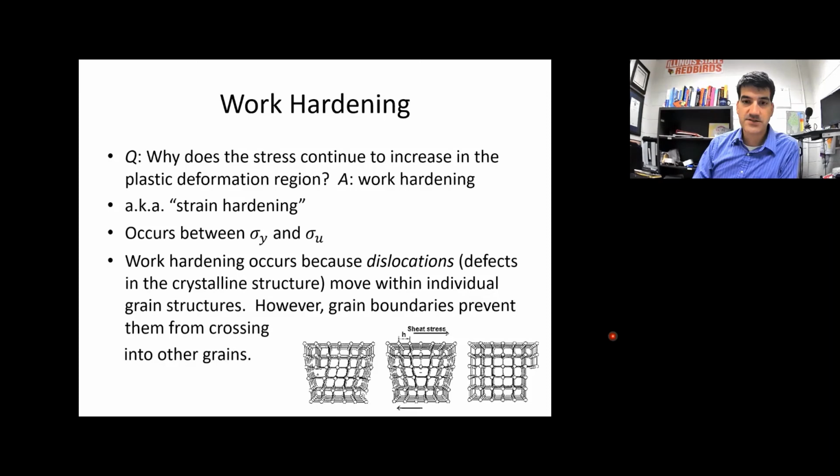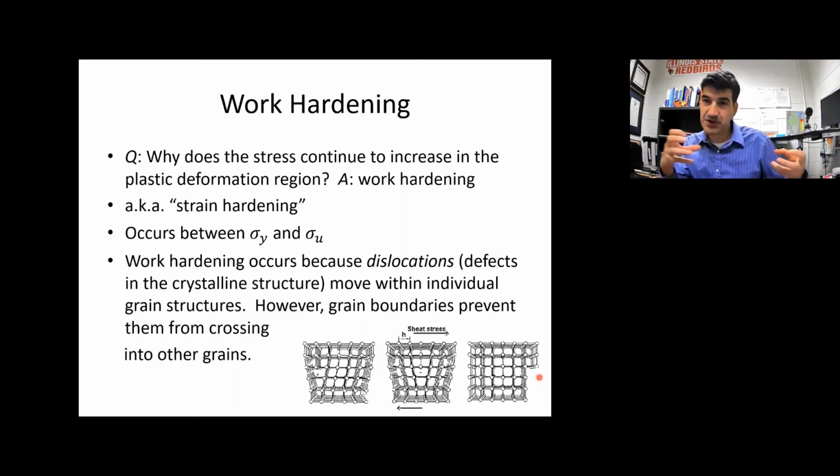All right, so what happens is in between the yield stress and the ultimate tensile strength, you're starting to get plastic deformation to occur. So you're starting to move these defects. And generally what happens is the easiest ones move first.